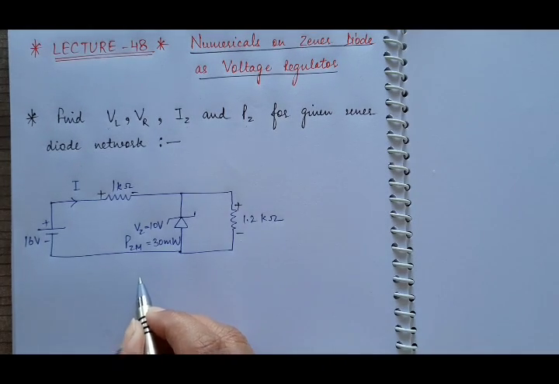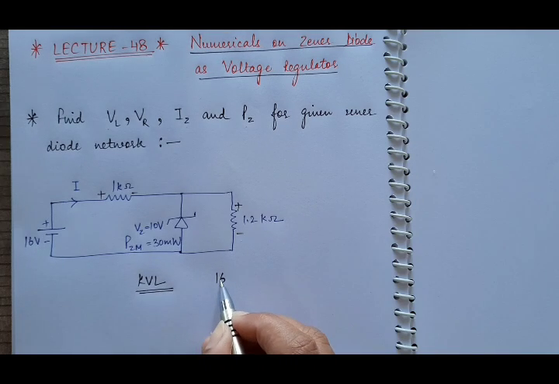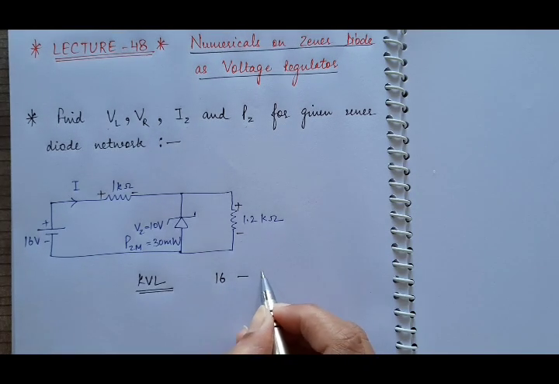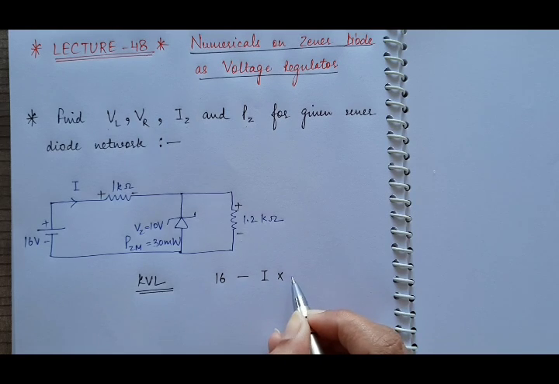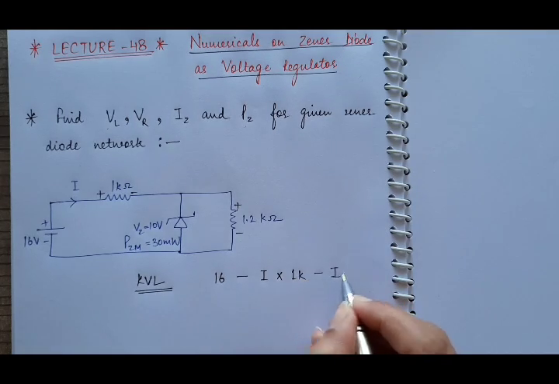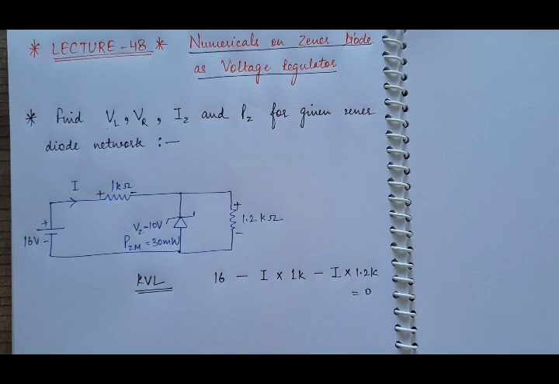According to Kirchhoff's voltage law, we have 16 minus I into 1k minus I into 1.2k equals 0.